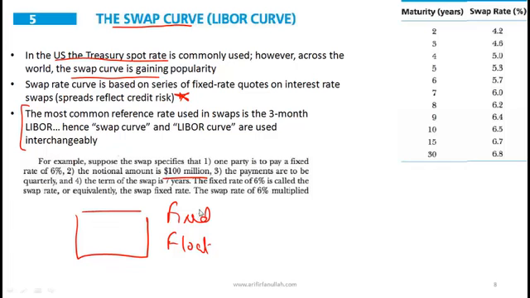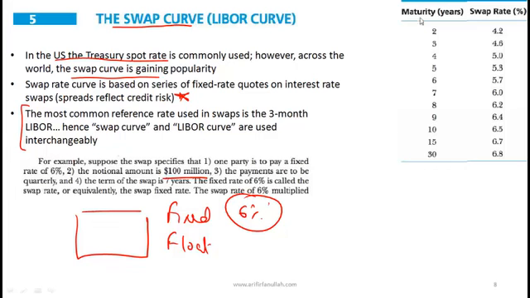That fixed rate that I pay you, if for example it is 6%, that 6% is called a swap rate. Now will the swap rate for a 7-year swap be the same as the swap rate for a 2-year swap? Not necessarily. For swaps of different maturity, the swap rate will be different.